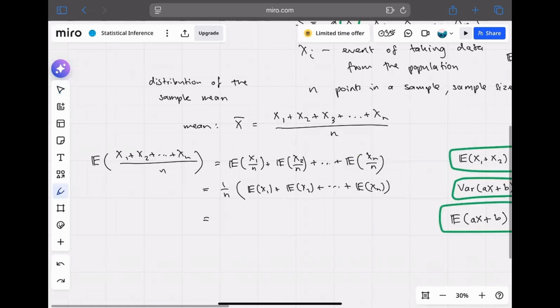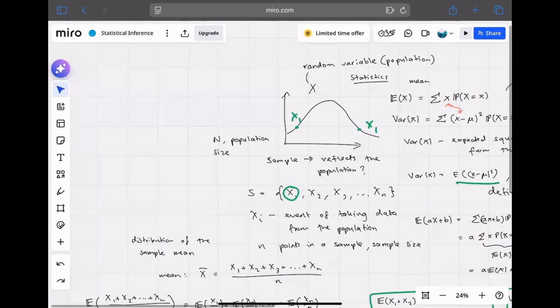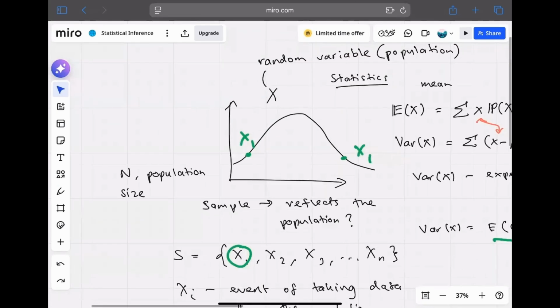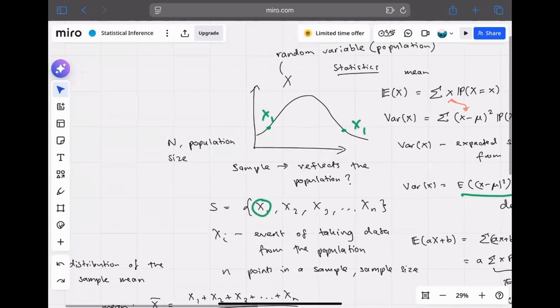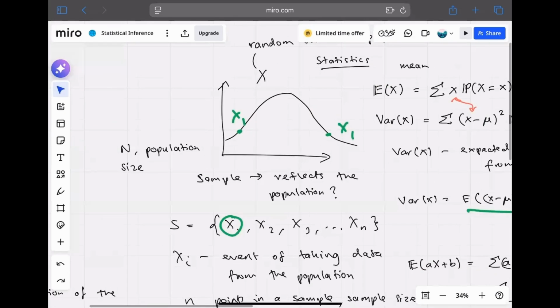Well, remember, X1 was the process of taking a data point from the population. So that means assuming our sampling method is not biased in any way, we're not considering like a small subset of the population, then if we do assume that there is no bias, then the distributions will essentially be the same, because it's like we're handpicking from the population at random.